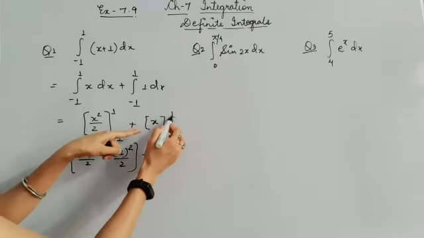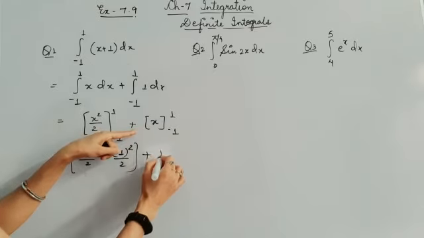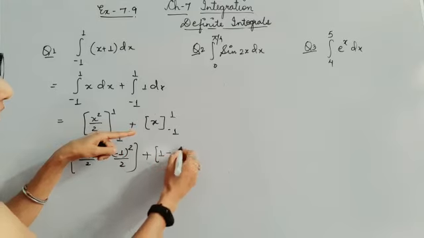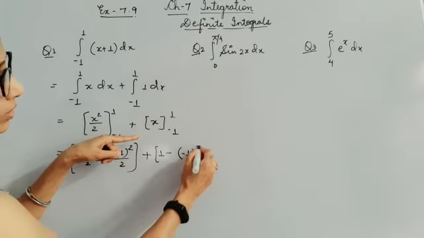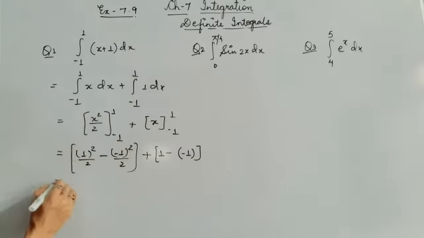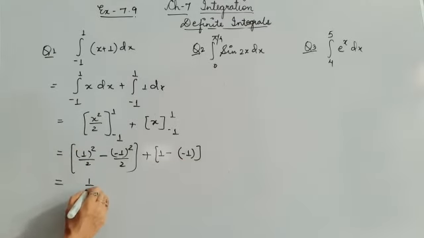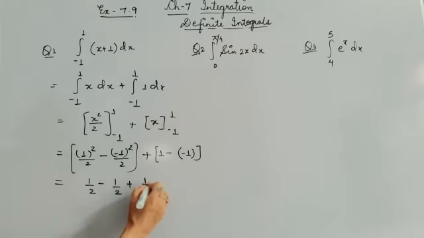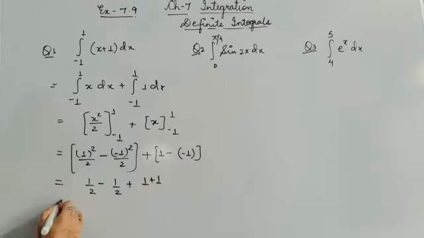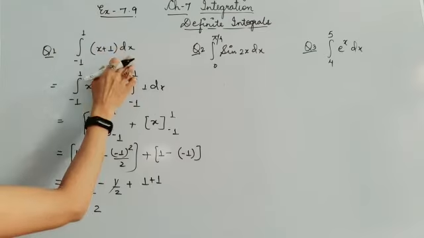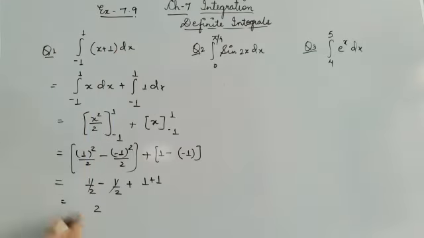Similarly here also, in place of x write down the upper limit, and then in place of x you write down again the lower limit. So this is upper limit minus lower limit. Now you simplify it, you will get your answer. So this is just 1 by 2 and this is again 1 by 2 plus this will be 1 plus 1. So you will be getting here as 2. So the answer of integration of x plus 1 with respect to x from minus 1 to 1 is 2.